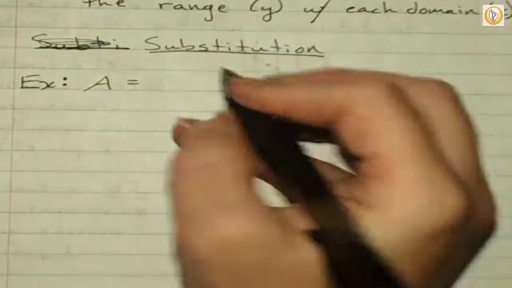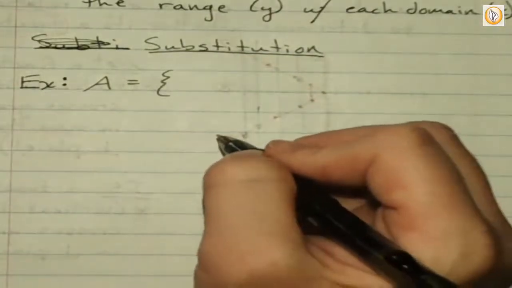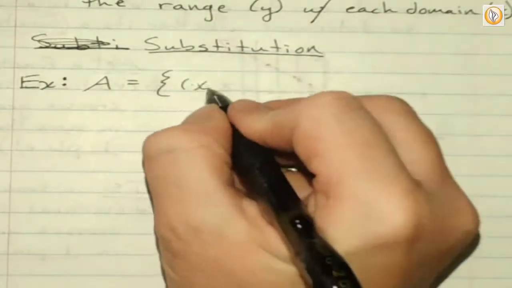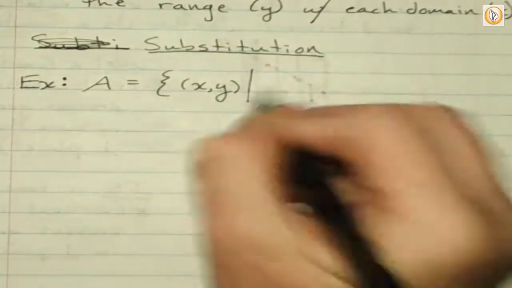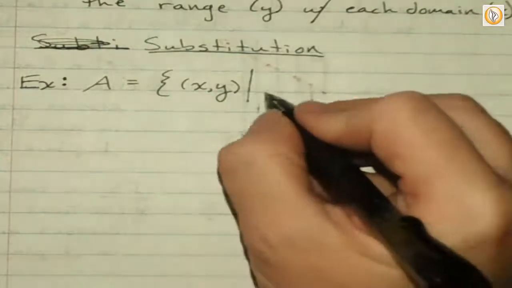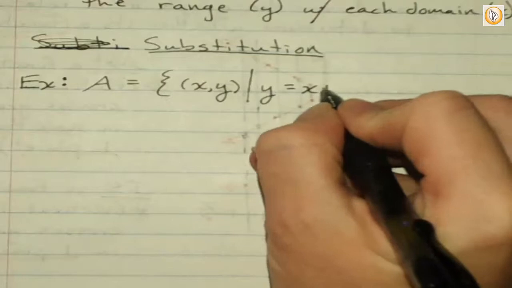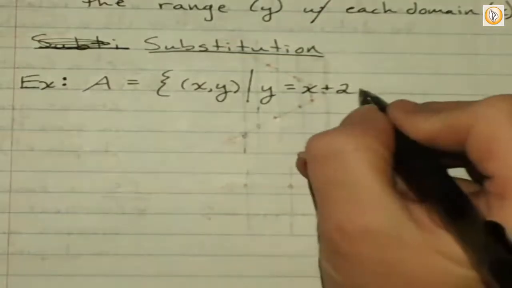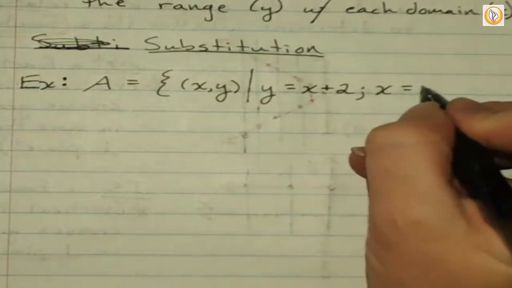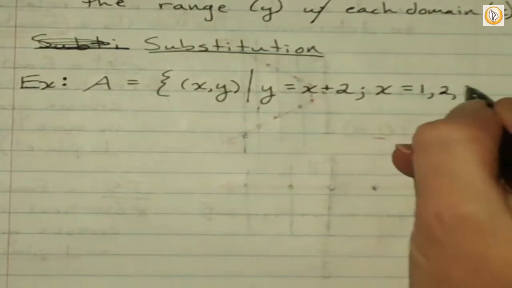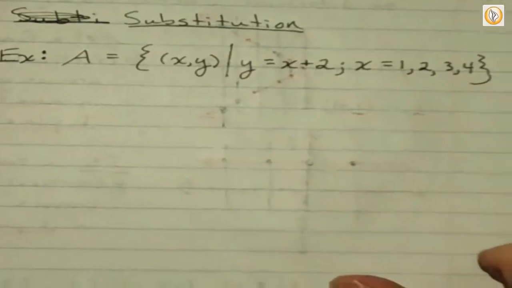Say A equals big old fancy bracket, X, Y, straight line, Y equals X plus 2, semicolon, X equals 1, 2, 3, 4, end of big bracket.